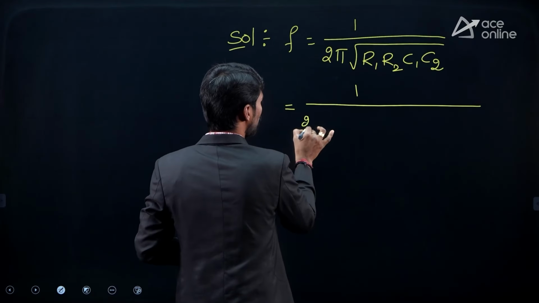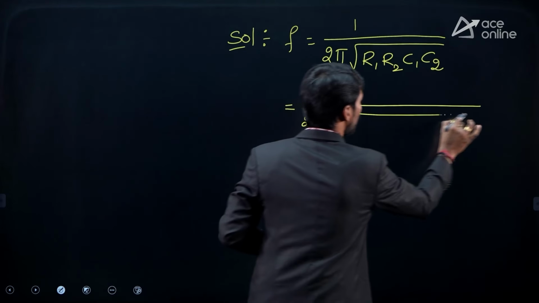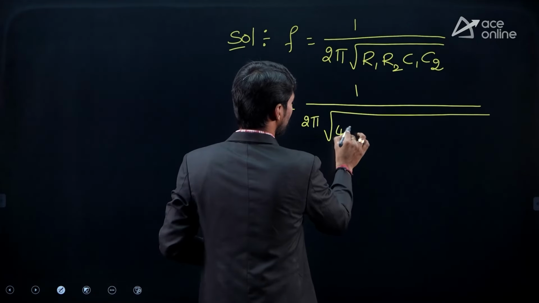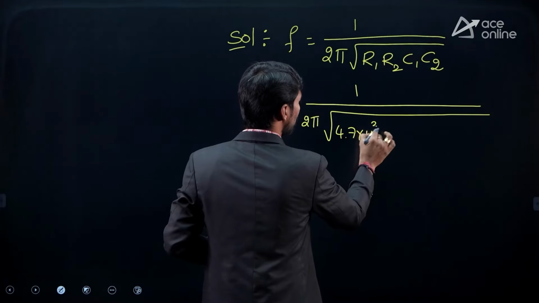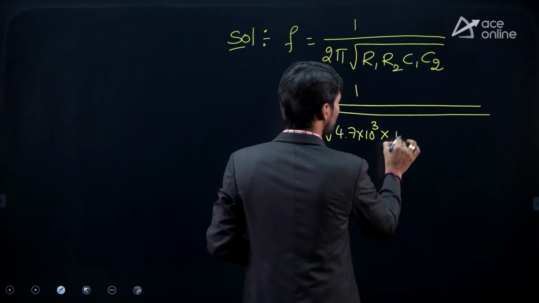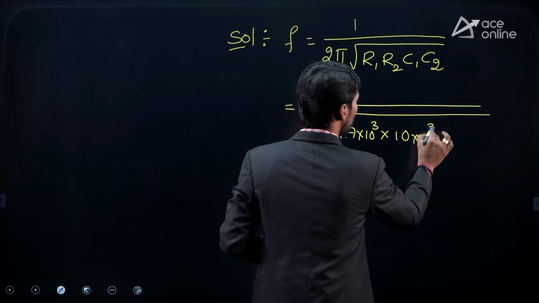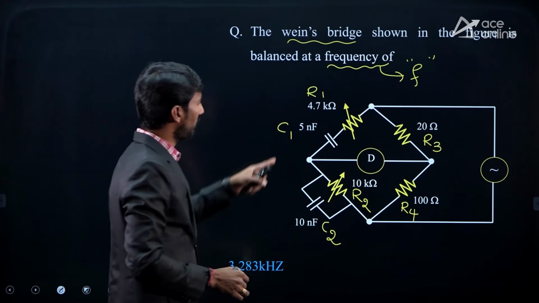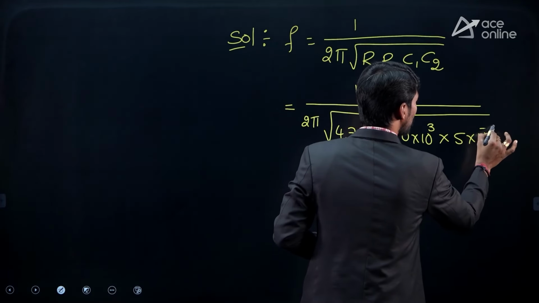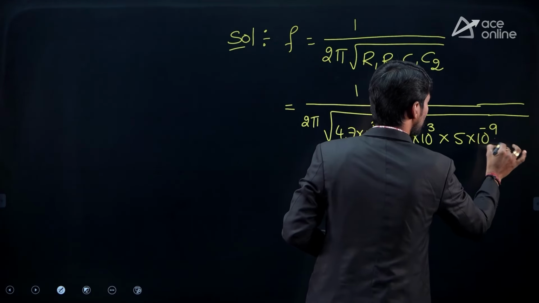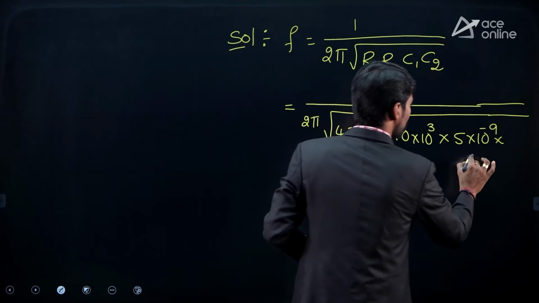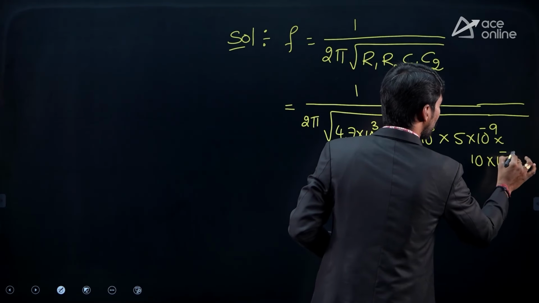1 by 2 pi into root of R1, which is 4.7 into 10 power 3, into R2, which is 10 kilo ohm, 10 into 10 power 3, into C1, 5 nanofarad, 5 into 10 power minus 9, into C2, 10 nanofarad, 10 into 10 power minus 9.